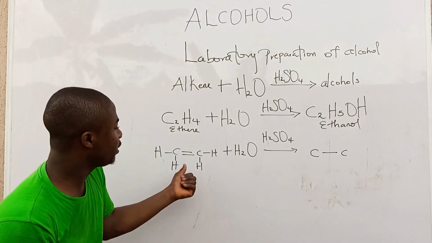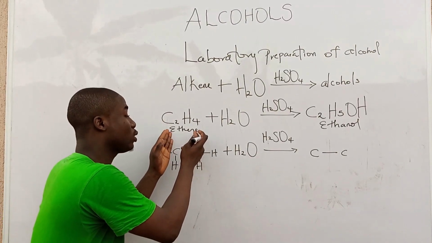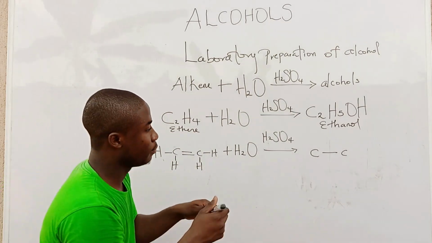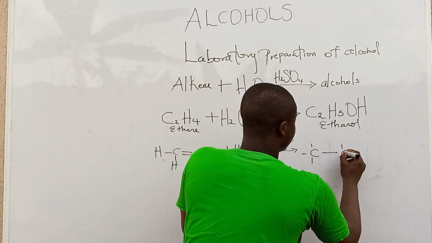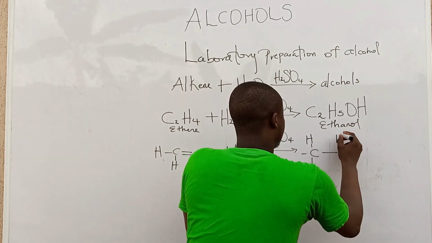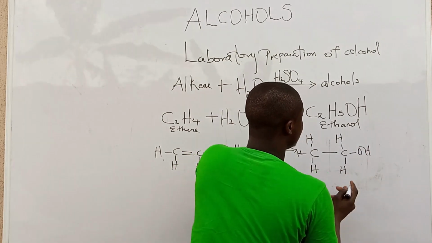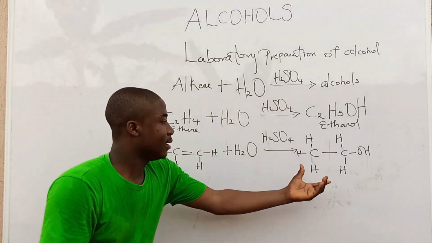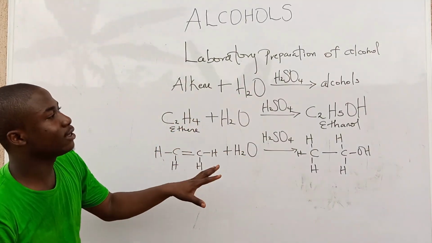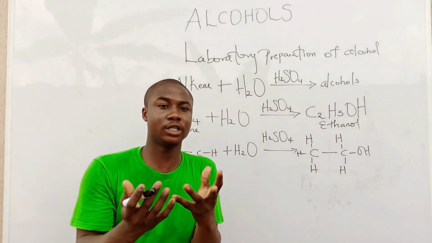When you break this double bond, it creates space for these two carbons to bear an atom, so it becomes something like this: H H H H H O H. So this is ethanol, and this is how ethanol is prepared in the laboratory.